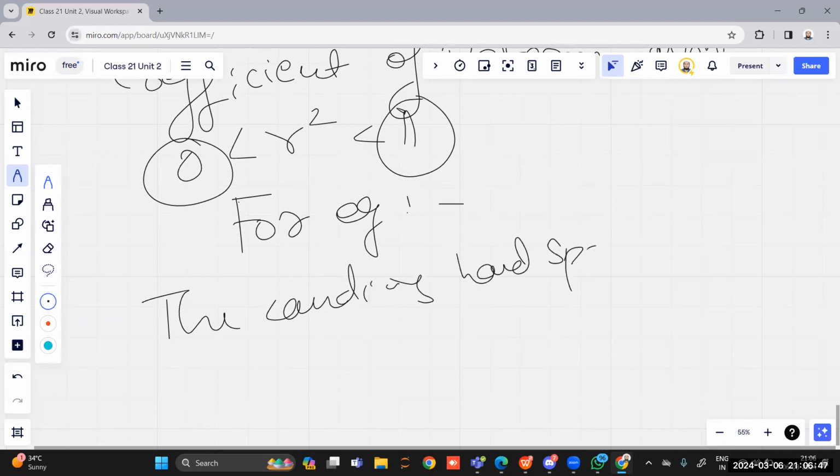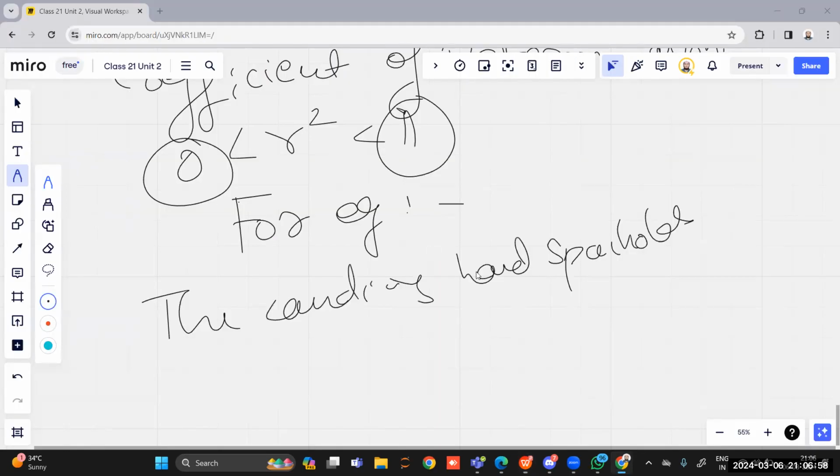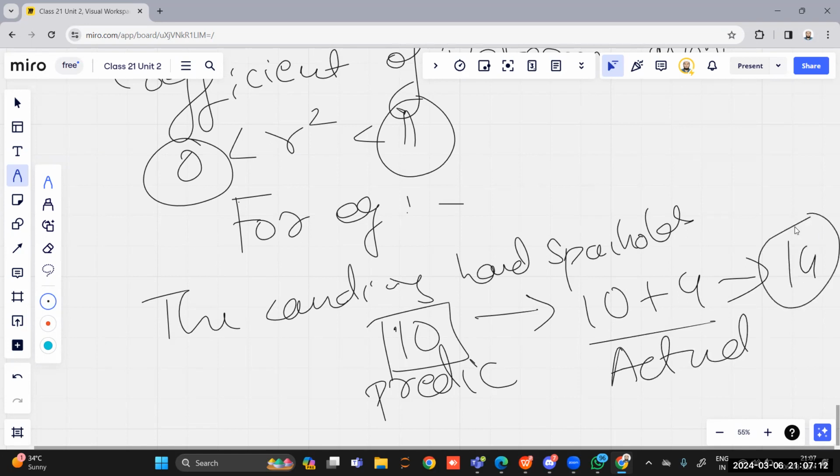The actual number of candies is typically about this much away. So for suppose I have taken candies grabbed as 10, so the actual will be 10 plus 4. So this is the predicted and this is the actual. That's 14. You got that, Zaid?